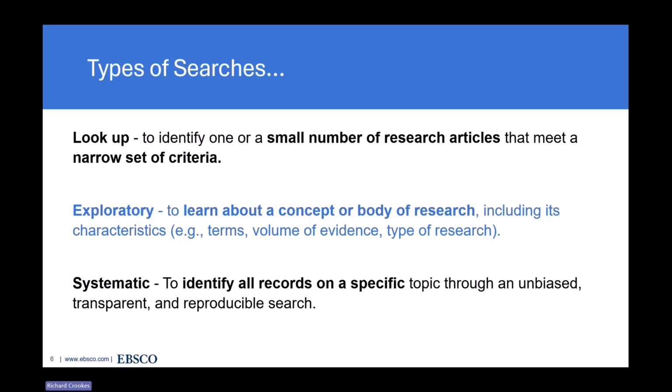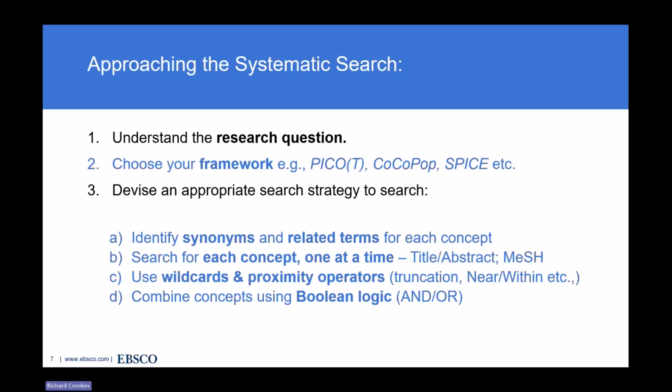It may be the user or yourself want to learn about a concept or body of research that includes its characteristics, the terms used, the amount of evidence that's out there, the type of research conducted, etc. So it could be really a general scoping search. And ultimately, it could be a systematic search, and this is where we're going to focus on today, really, where you're seeking, or the user is seeking, to identify all records on a specific topic through an unbiased, transparent, and reproducible search. So that's where we're going to focus essentially in this session.